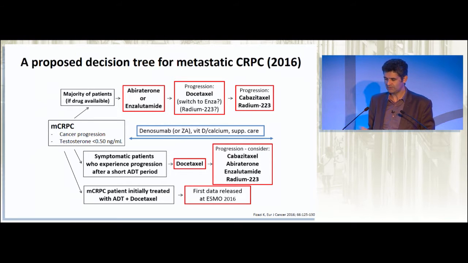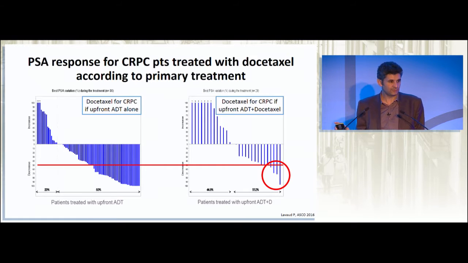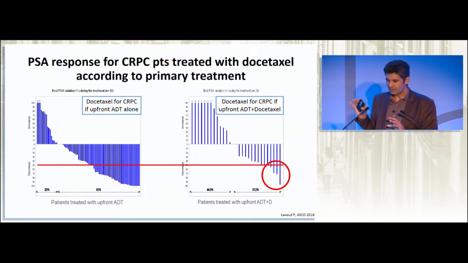And of course, we covered already the discussion about denosumab. So what are these data? Because they're really brand new. In our experience in GETUG15, when you're using docetaxel as a re-challenge for patients who were treated with ADT plus docetaxel for hormone-sensitive disease, the bad news is that re-challenge with docetaxel doesn't seem to work very well.